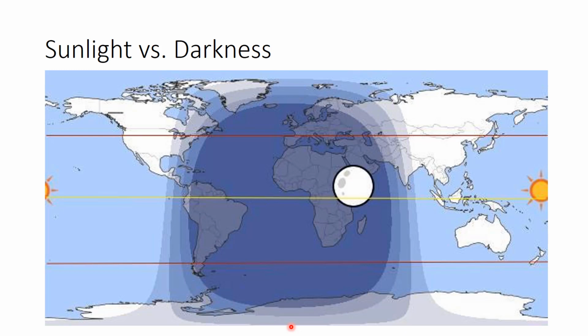But just to review this real quick, right now, at least in this image, the sun is slightly north of the equator, and looking at the thickness of this dark area, it is slightly more narrow in the northern hemisphere than it is in the southern hemisphere. And as a result, the northern hemisphere is getting a little more light than the southern hemisphere is.